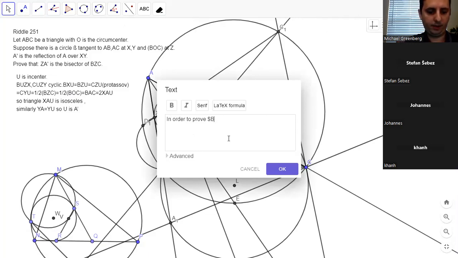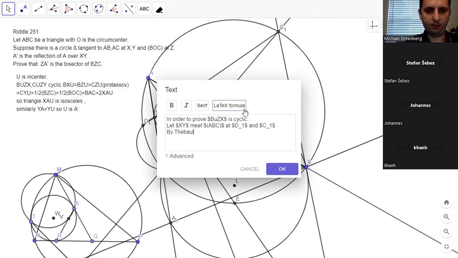Prove BUZX is cyclic. Let XY meet ABC at D1 and C1.